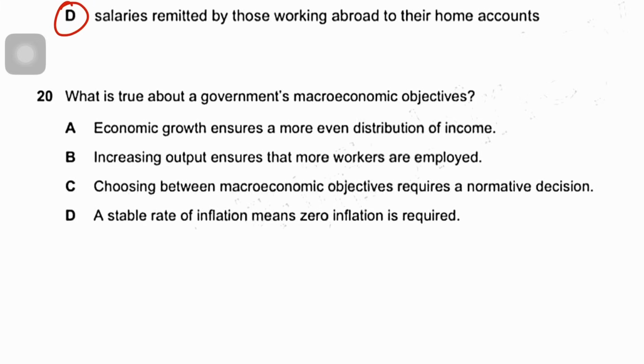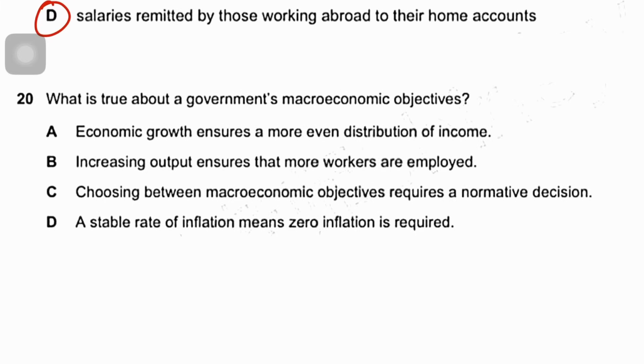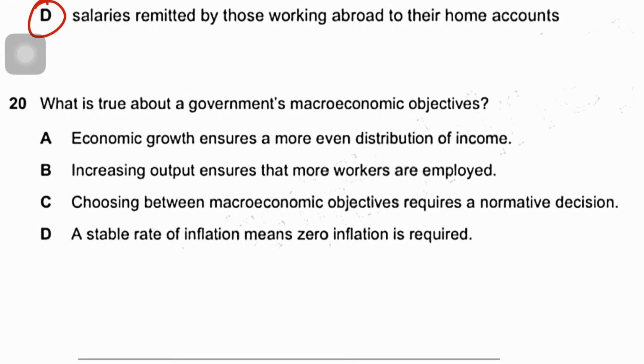Option B says increasing output ensures that more workers are employed. Now, increasing output can lead to higher employment, as obviously more workers would be needed to produce all the additional goods and services. But this is not guaranteed. Why?